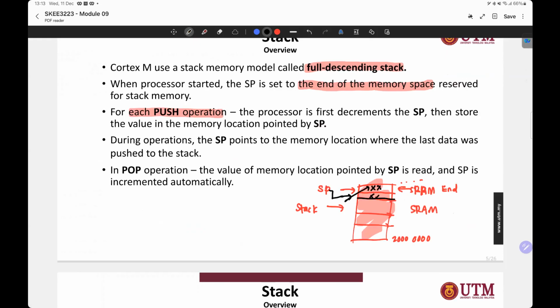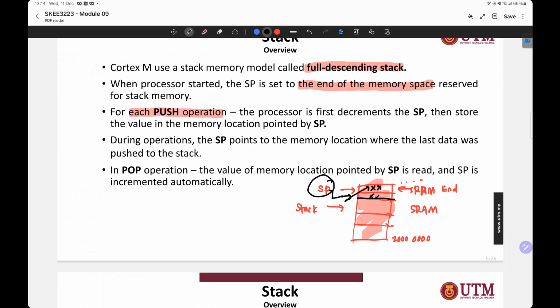During the operation, the stack pointer points to the memory location where the last data was pushed to the stack. So the stack pointer, the SP, is the important part, where it points to the location of the stack where you're going to put your data.